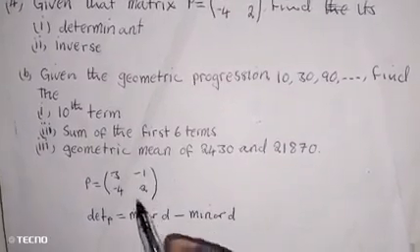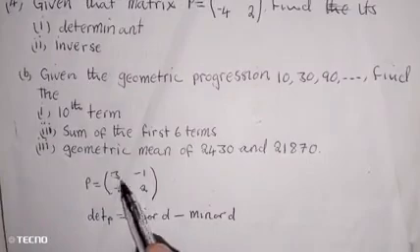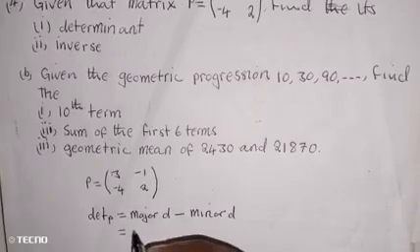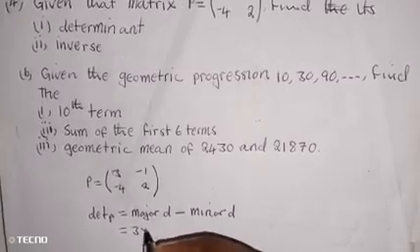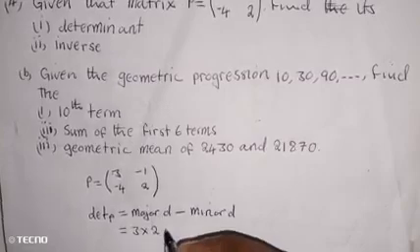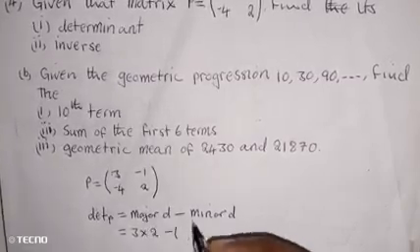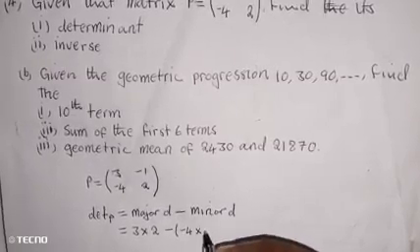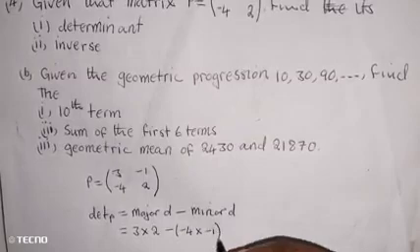So just substitute here, we say it's 3 times this one. So here we say it's 3 by 2, then minus, open bracket, here we have -4 by -1, we close.